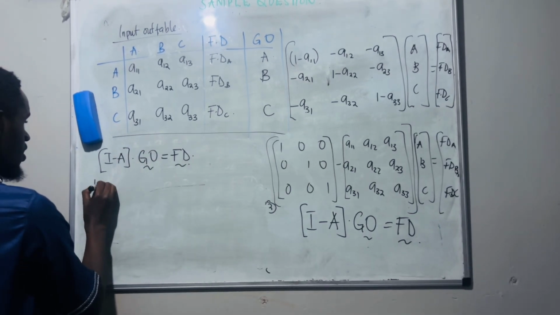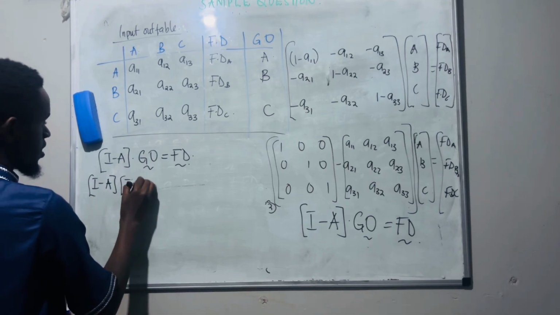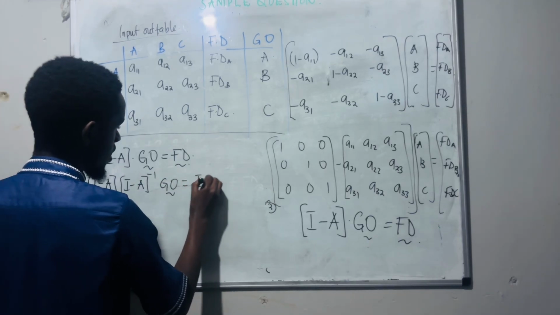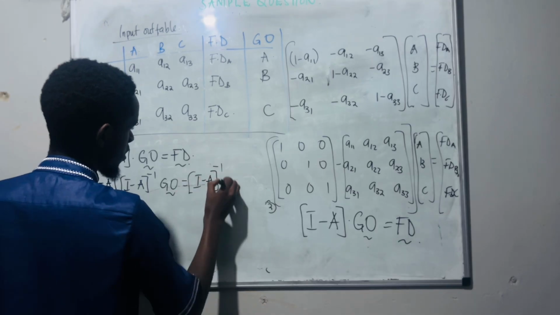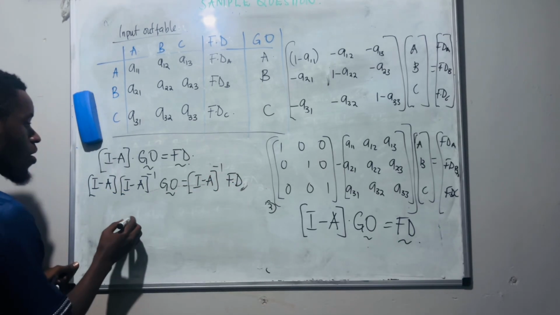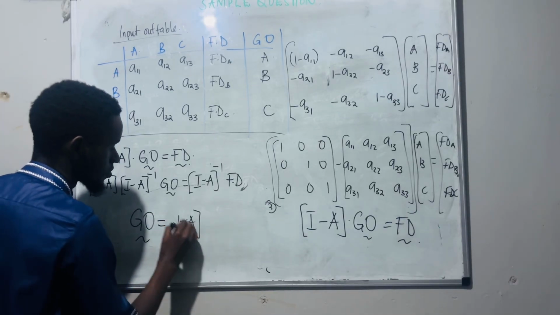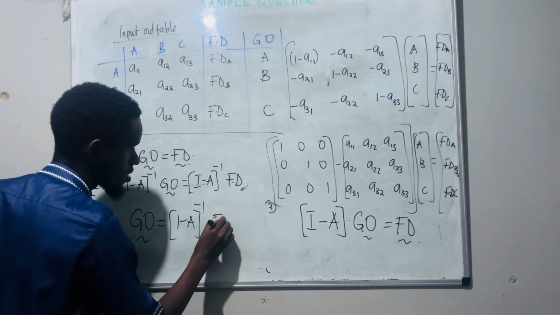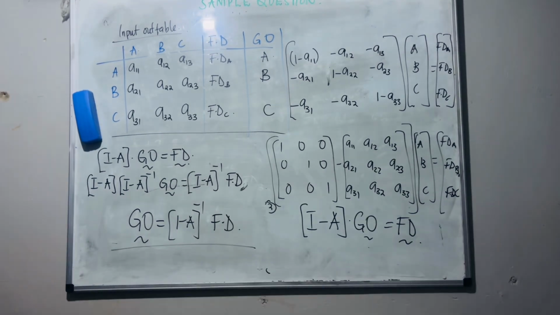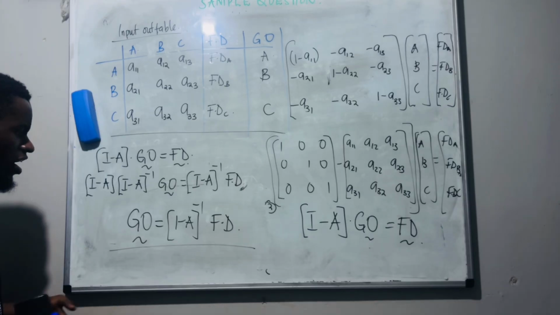Therefore, I minus A times I minus A inverse times gross output is the same as I minus A inverse times the final demand. Therefore, my gross output matrix is got from I minus A inverse times the final demand. And this is what we need to apply to our question. Yes, members, from here, everything is interesting.